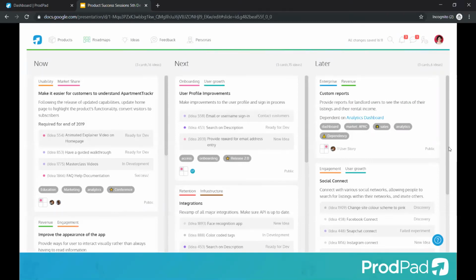So if there's certain things you don't want to share, you can filter down a specific view based on the roadmap that you're working on, and create a link either to embed on a Confluence page or an intranet, or to share a link so that they can still get that information, but maybe for whatever reason you don't want them having access to ProdPad. So there's no excuse to not let everyone within your business have a clear understanding of the direction of your product.